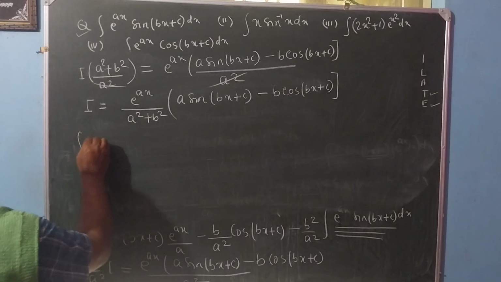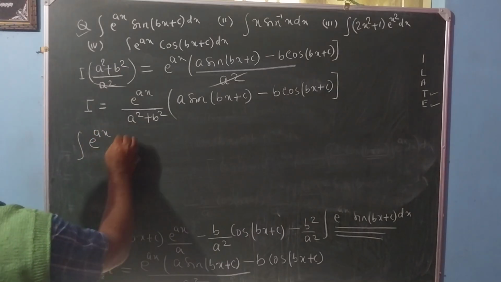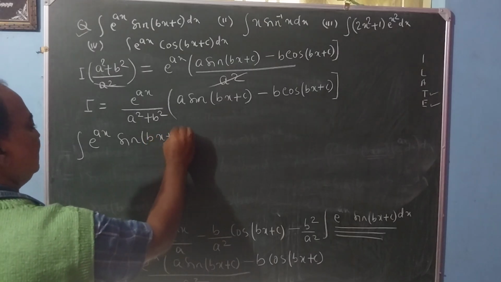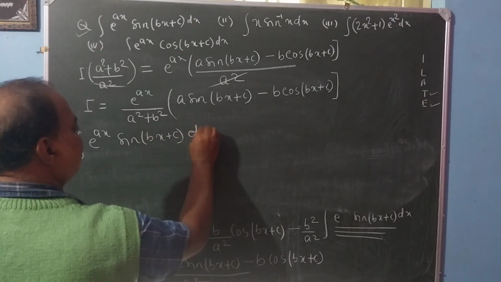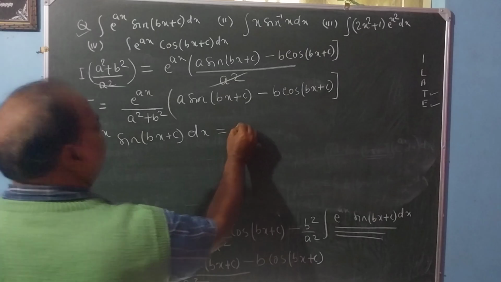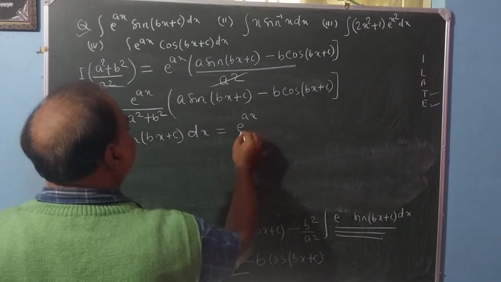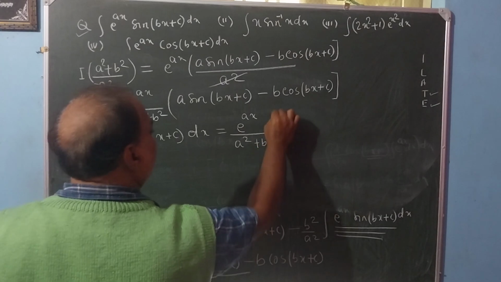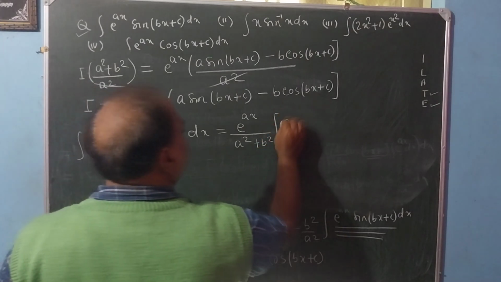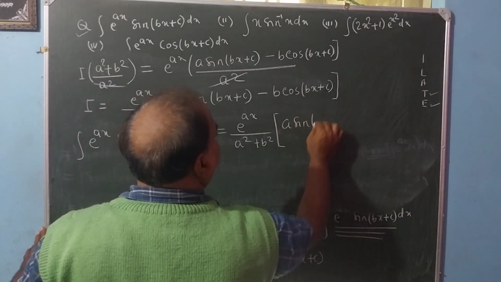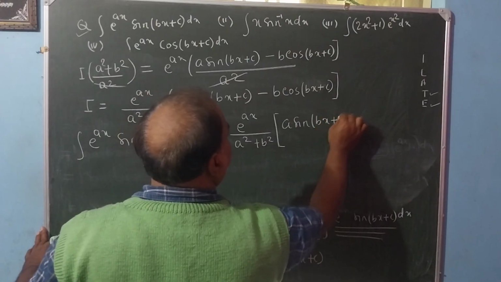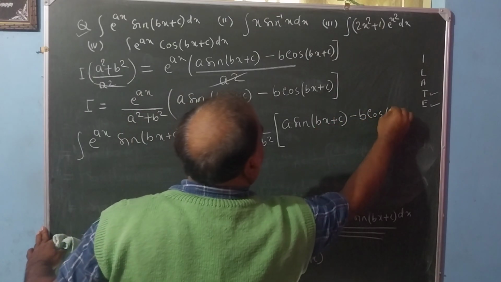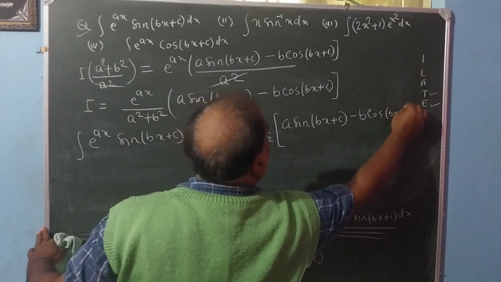Integration of e to the power ax sin(bx plus c) into dx is equal to e to the power ax by a square plus b square, whole into a sin(bx plus c) minus b cos(bx plus c).